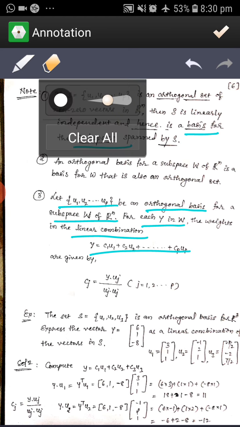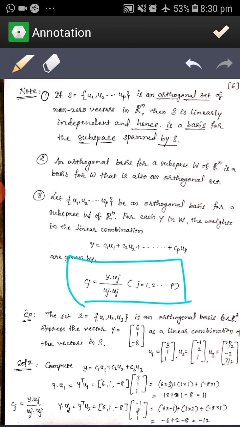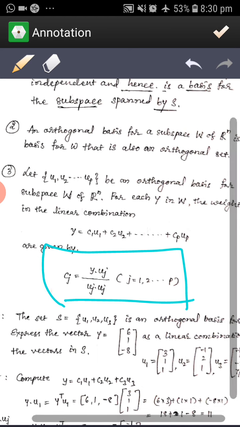So we can calculate those weights: cj is equal to, for j varying from 1 to p, the inner product of y with uj divided by uj dot uj.